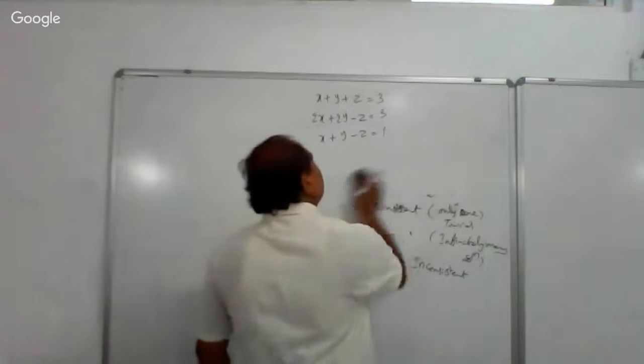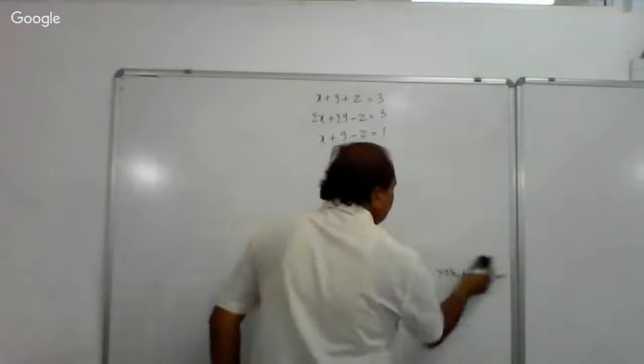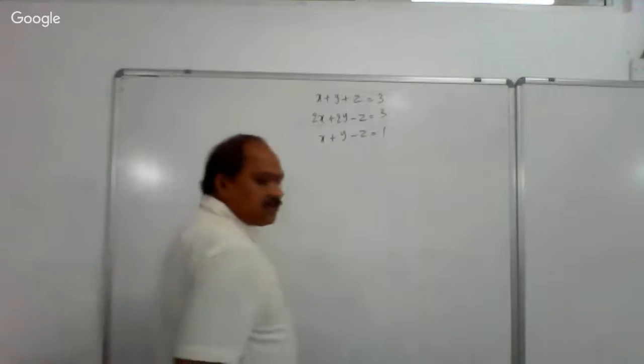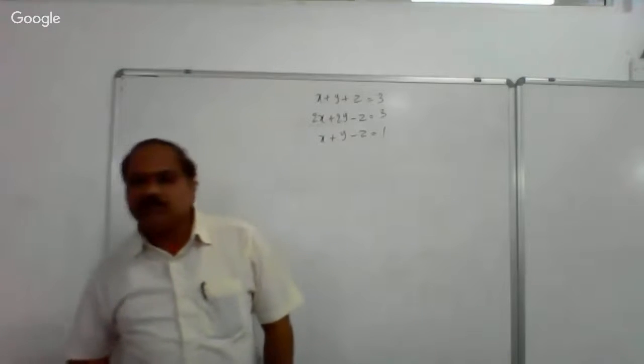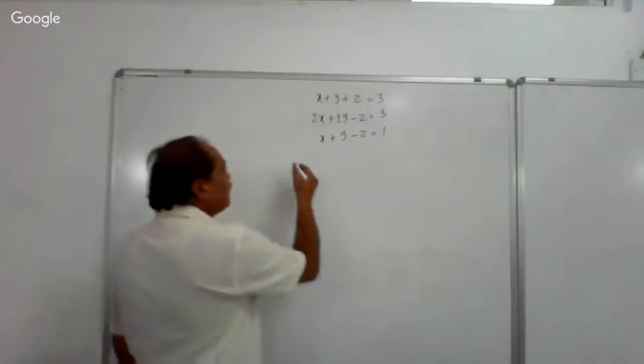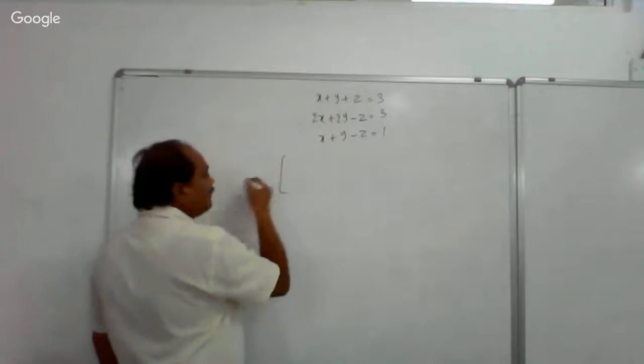Solve the following system of equations by the Gauss-Jordan method. Okay, first write down the augmented matrix, then convert into echelon form. Now, what is the augmented matrix?